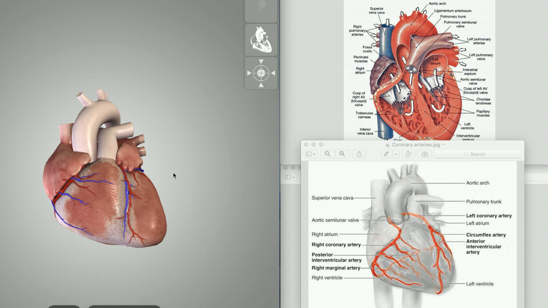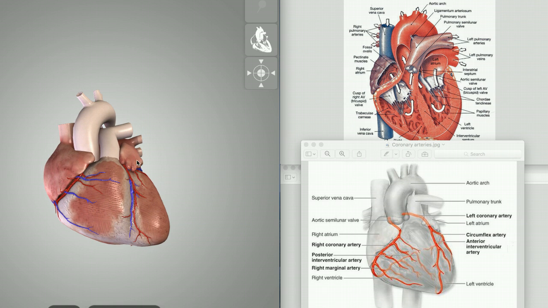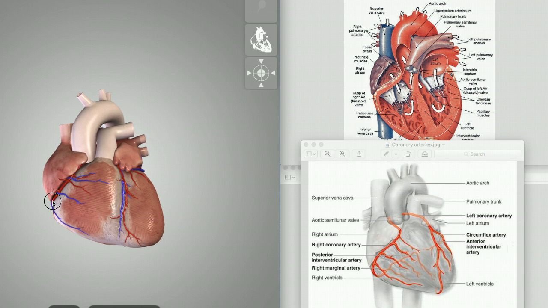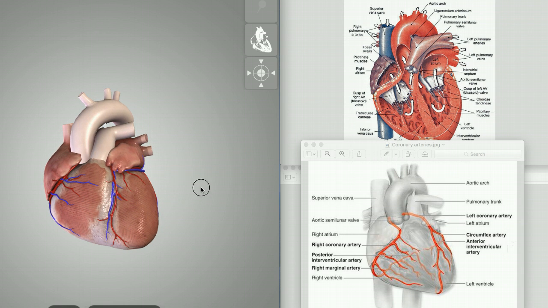The left coronary artery can then be split into branches. To be precise, if I switch this around, it is actually not shown in this image. It comes through there, and in this case the left atrium is covering over it, and you can see two branches that come off it.